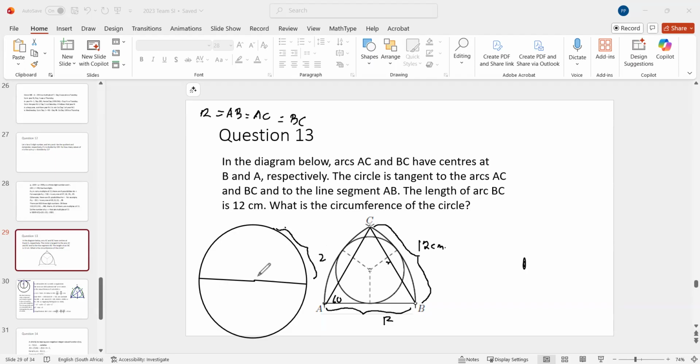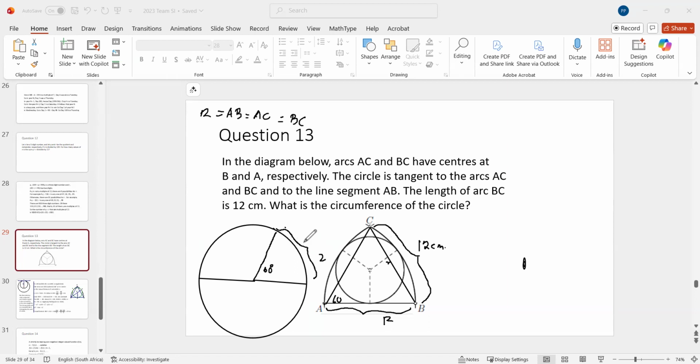But we saw that when you join it to the center, this is 60 degrees, because this is an equilateral triangle.